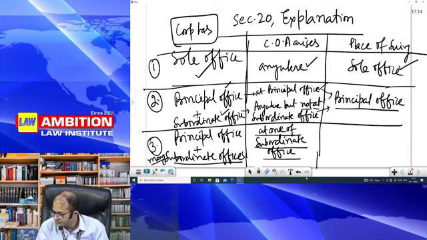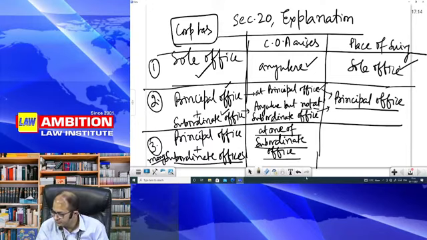Now, Section 21A, which has been inserted in 1976, says that there is a bar on suit to set aside decree on objection as to place. No suit shall lie challenging the validity of a decree passed in a former suit between the same parties, or between the parties under whom they or any of them claim, litigating under the same title, on any ground based on an objection as to the place of suing.